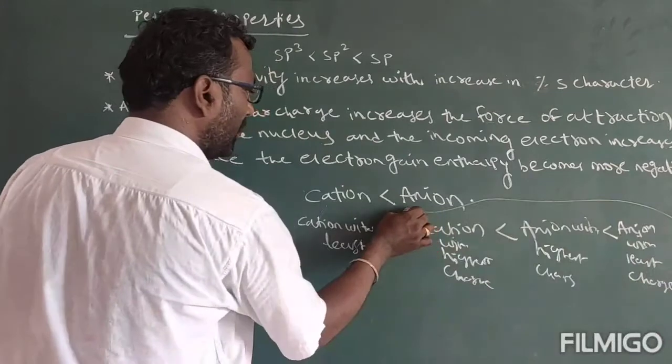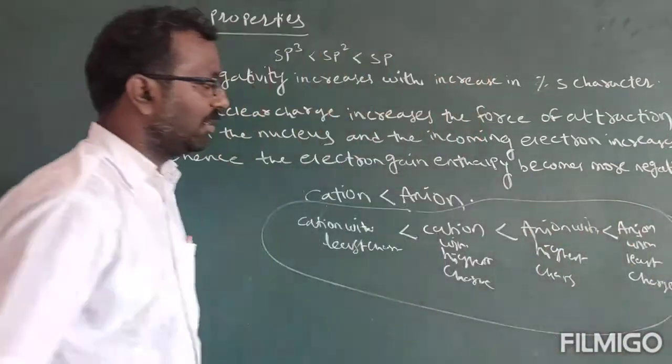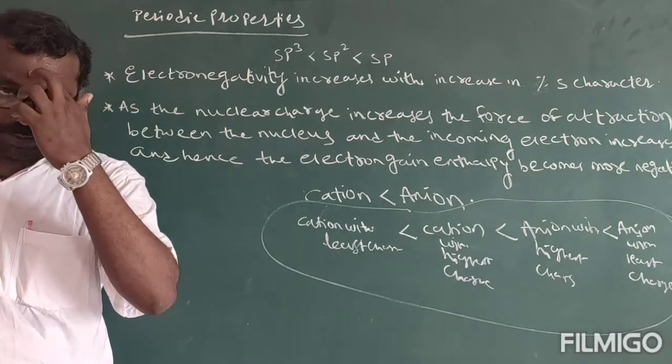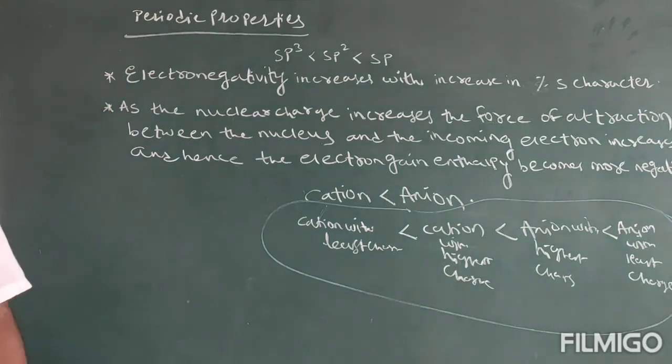This is the order of the ions with respect to their electron affinities.